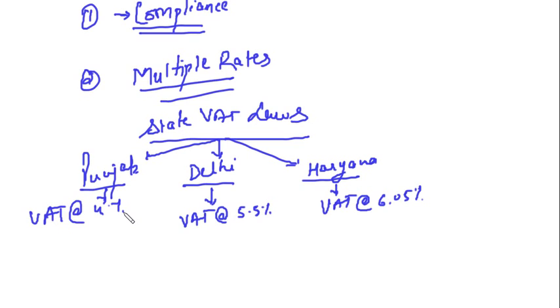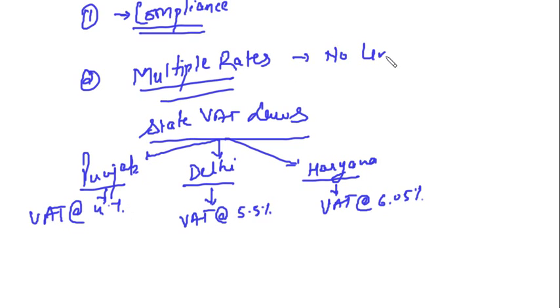If you buy a product in Punjab, the tax rate might be different. And if you go and buy the product in Delhi or Haryana, the VAT rate will be different. There was no uniformity in the tax structure.